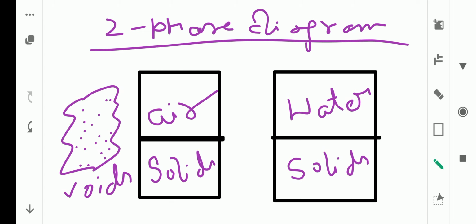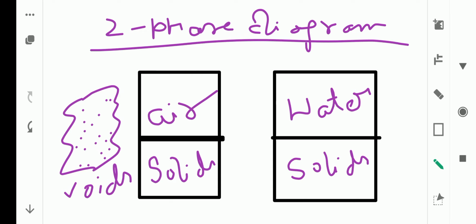It is quite a bit possible, right? So if it is containing air, water and solids, it is three-phase diagram. If it is containing only air or only water along with solids, it can be converted into two-phase diagram. So I believe three-phase diagram and two-phase diagram is clear to you.